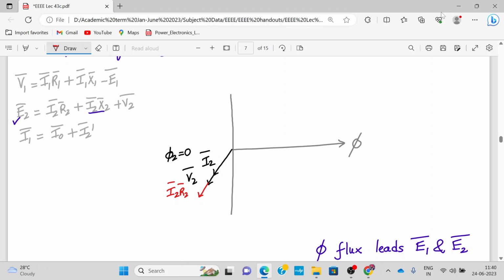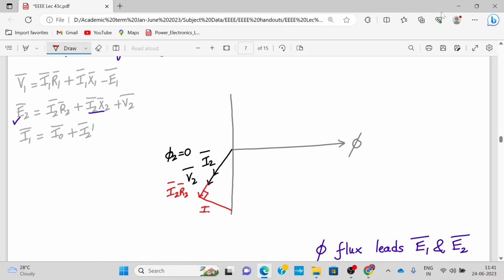Now, to add to V2, we have to add the resistive drop I2R2 parallel to I2. That's what we have extended, and the inductive drop I2X2 will be leading I2R2 by 90 degrees. So you have to draw this line. This will be 90 degrees.